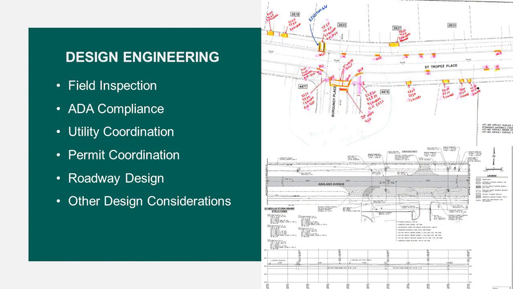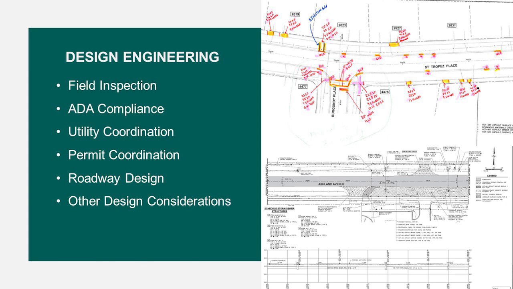So I'm going to speak a little bit about how we develop the design for road and street programs, resurfacing programs. There's some items here that I want to speak about. Field inspection.